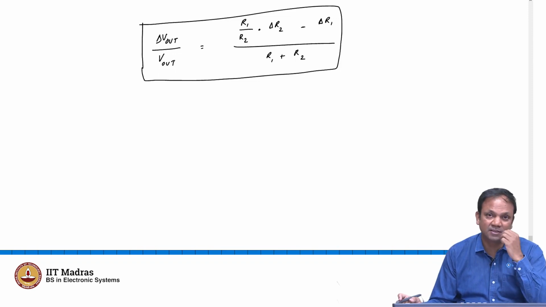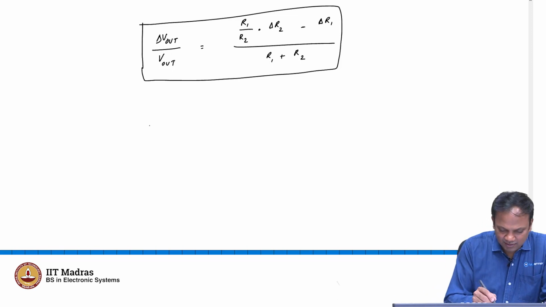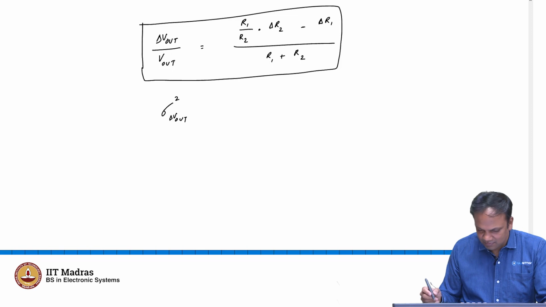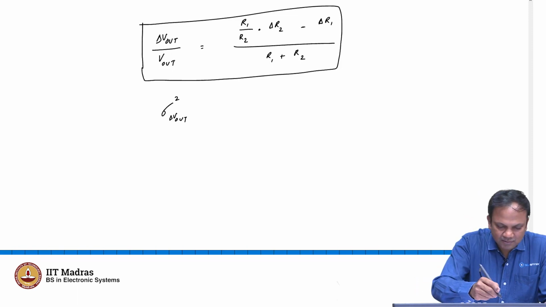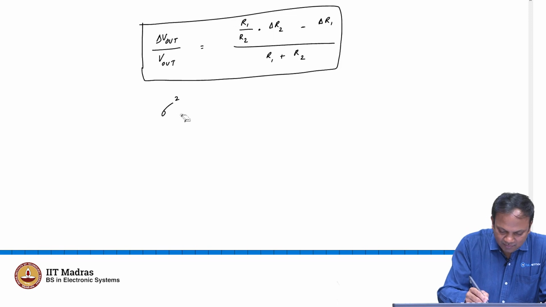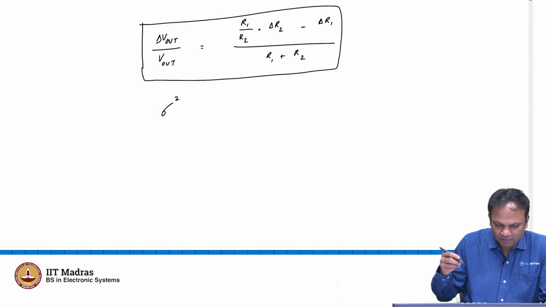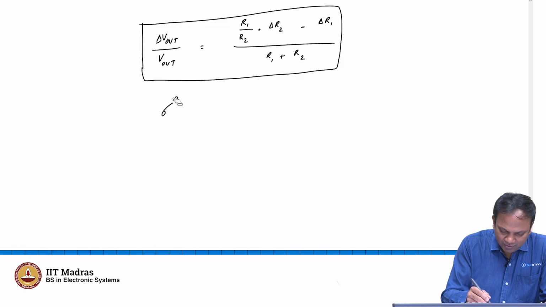Standard deviation is the square root of variance, and variance is the sum of the squares of the terms.